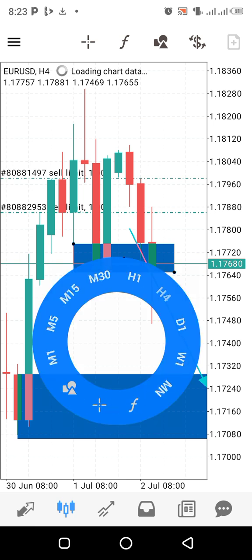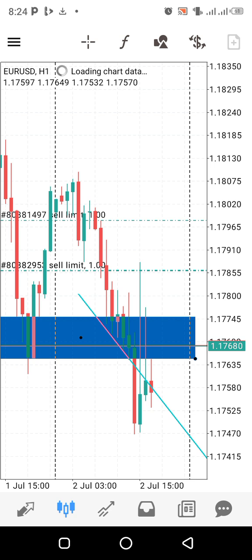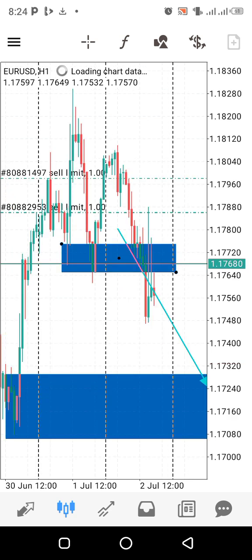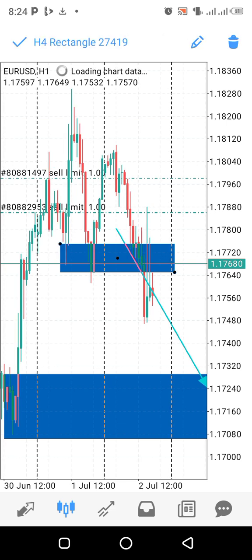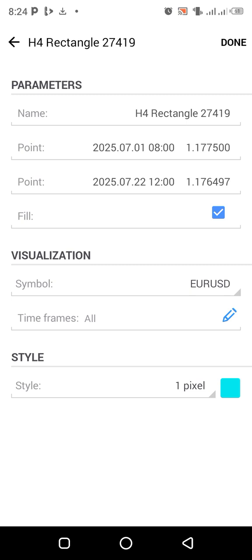On the H4 it is not clear, but if you go to the H1 you see that price has already closed beneath the demand zone. Let's put a lighter color, okay, that will be enough.